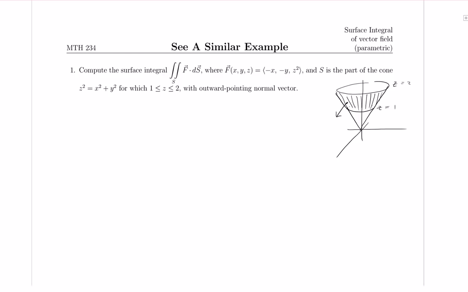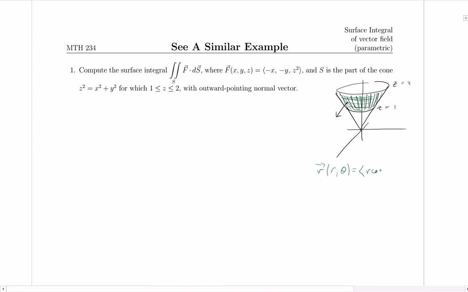First, since we want our surface to be described parametrically in this particular example, we should first parameterize this surface. I'll write this in green. I'm going to parameterize it using polar coordinates. So instead of the usual u and v, I'm going to call my variables r and theta, since they're going to mean the same thing as in polar coordinates.